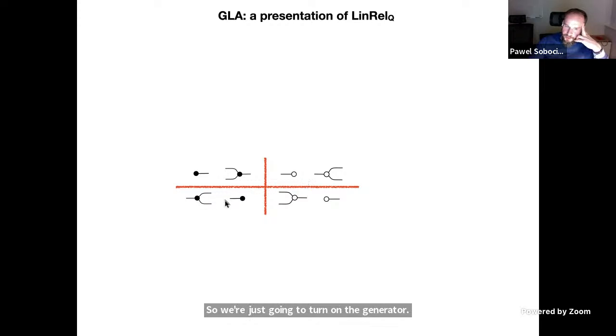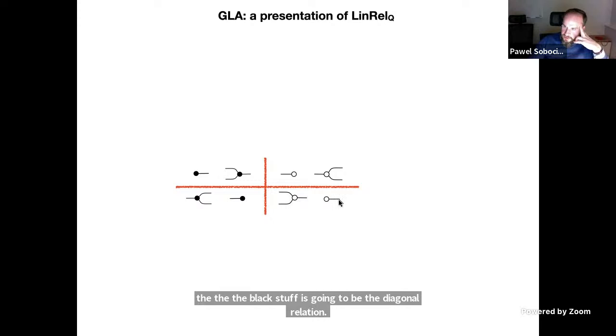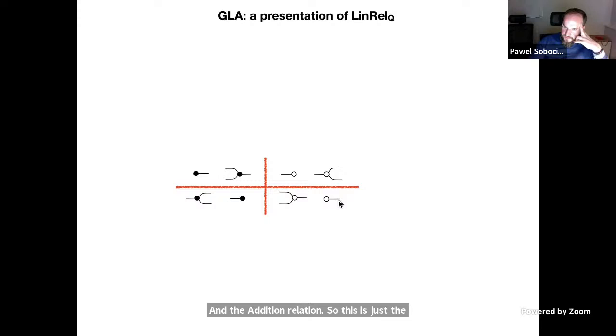Now we have a black co-multiplication, a black multiplication, a white multiplication, and white co-multiplication. As relations, the black stuff is going to be the diagonal relation and the addition relation. This is just the relation of addition and the zero, the thing that picks out the zero. And the opposite guys are just the mirrored versions of these.